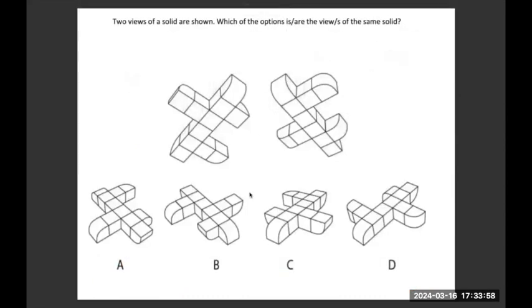Two views of a solid are shown here. Which of the options is or are the view of the same solid? Very simple. In this case, just look at one part. In this kind of question, if I were to solve in your place, I will follow something which is very unique and which I can observe in the options.